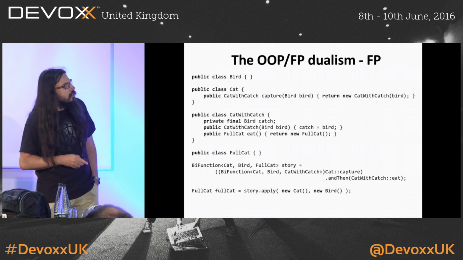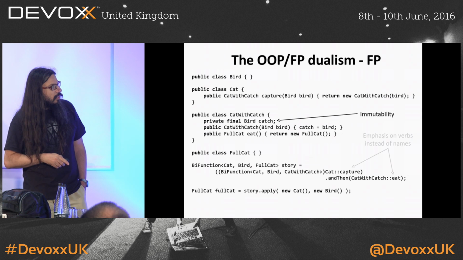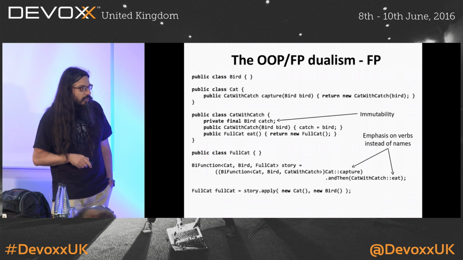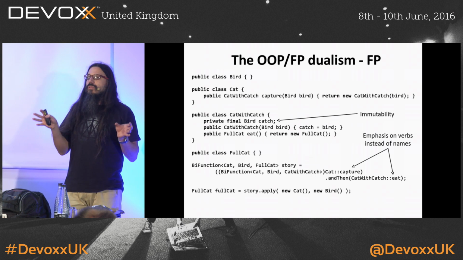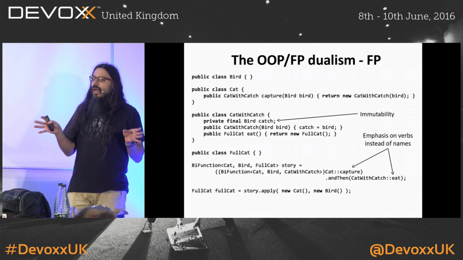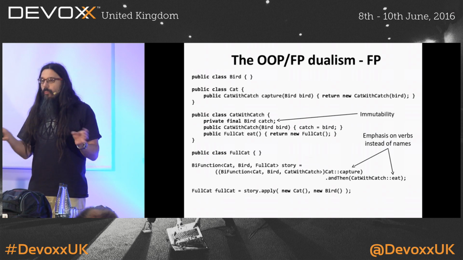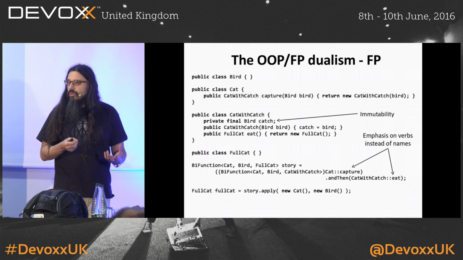What can we notice here? Of course the immutability. But the other interesting thing is that my story now is made of two sub-stories, and I'm creating the story by composing the two sub-stories.